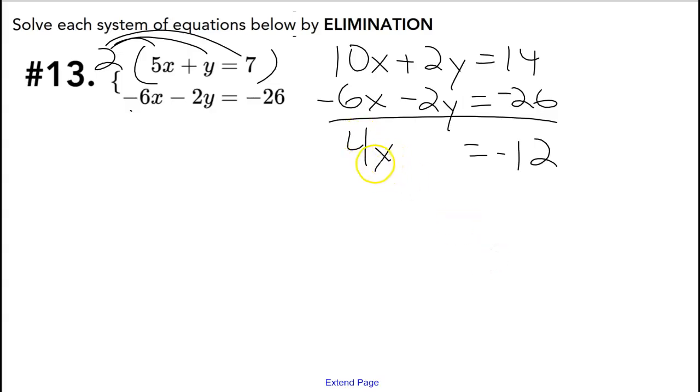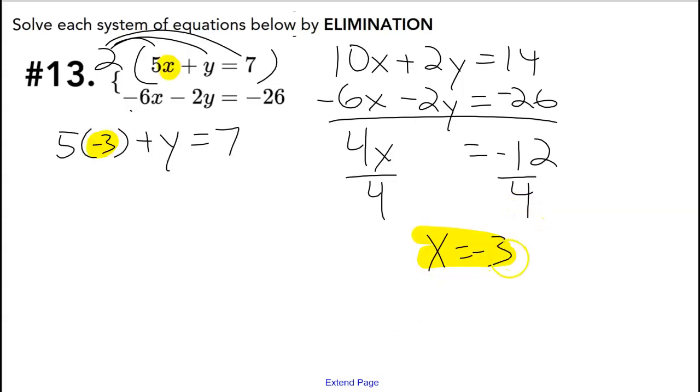Alright, now we're going to isolate the x by dividing off that 4 because it's multiplied. We do the opposite. Divide by 4. Negative 12 divided by 4. x is equal to negative 3.